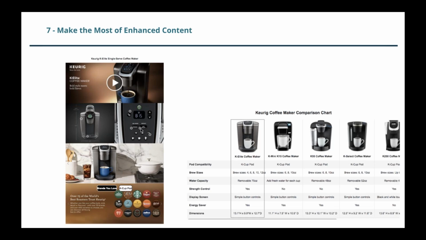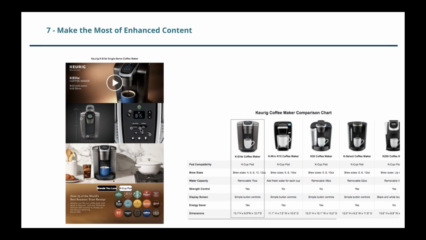So Keurig uses this really well to help consumers hone in on just the right coffee maker for them. Now, you might say, is A+ content worth it? Just to back up, the overall below the fold HTML content is effective. We do see higher conversion rates. Now, specifically to A+ premium content, these are the two components that Amazon told us have a real impact on conversion rates as opposed to general A+ content.